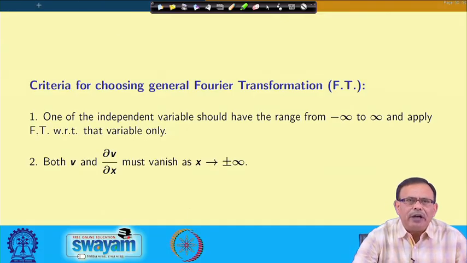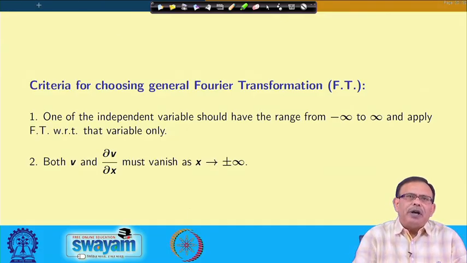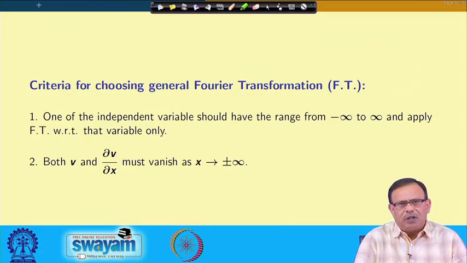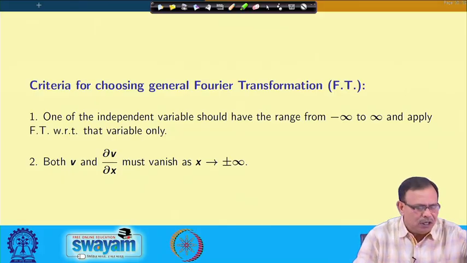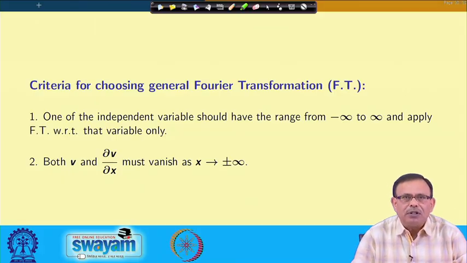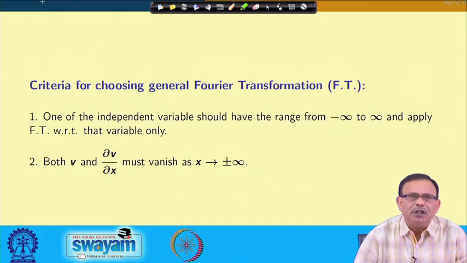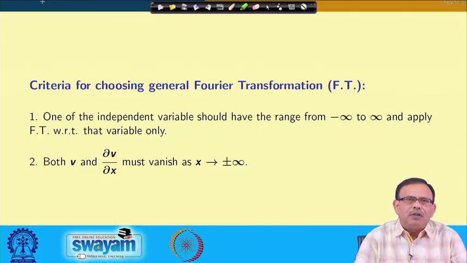The second point is that both u and del u del x must vanish as x approaches plus infinity or minus infinity. I will tell you why this is required. So two conditions are given.